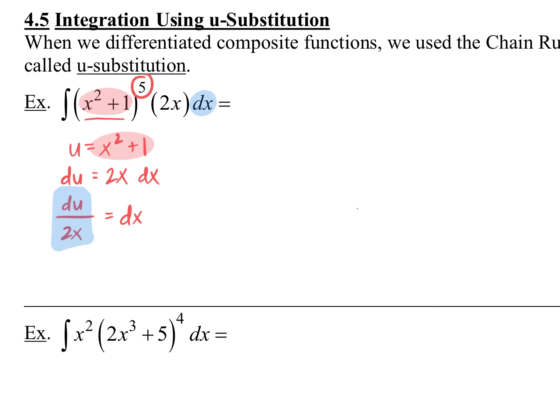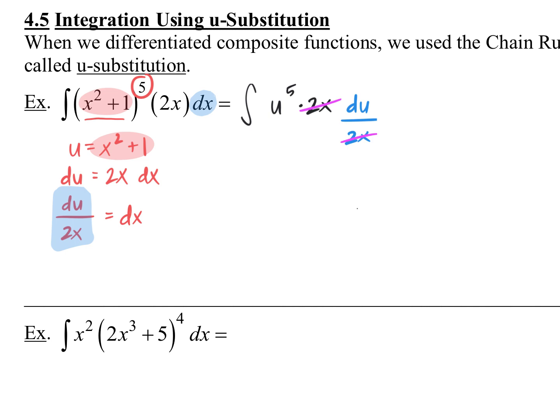Okay, so I'm going to rewrite my integral now with everything that I'm replacing. So this is now the integral of u to the 5th power times 2x. And then instead of dx, I'm going to write this as du over 2x. Okay, so my 2x's are going to go away, right?